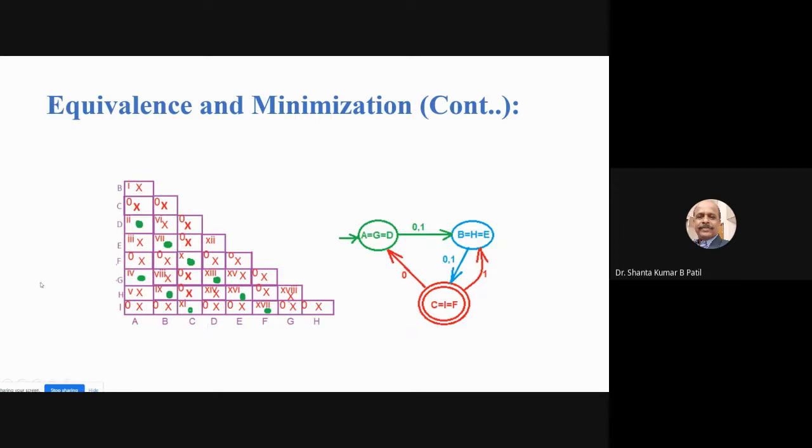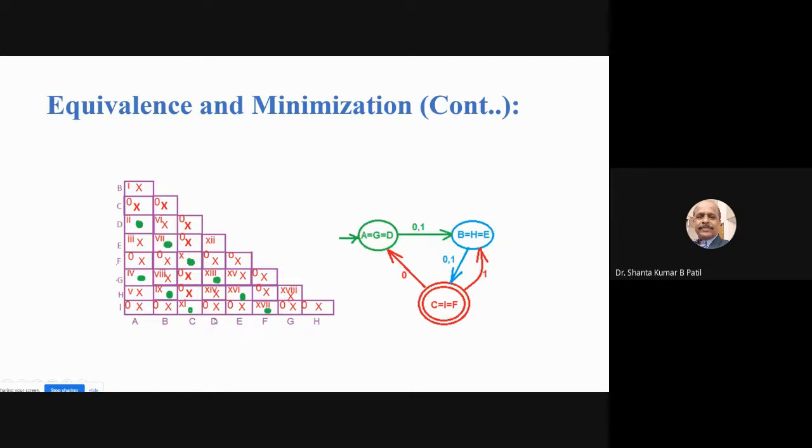From this, the pair A equals D and the pair A equals G. Hence, A equals G equals D. B equals H and B equals E, hence B equals H equals E. C equals I and C equals F, therefore C equals I equals F.